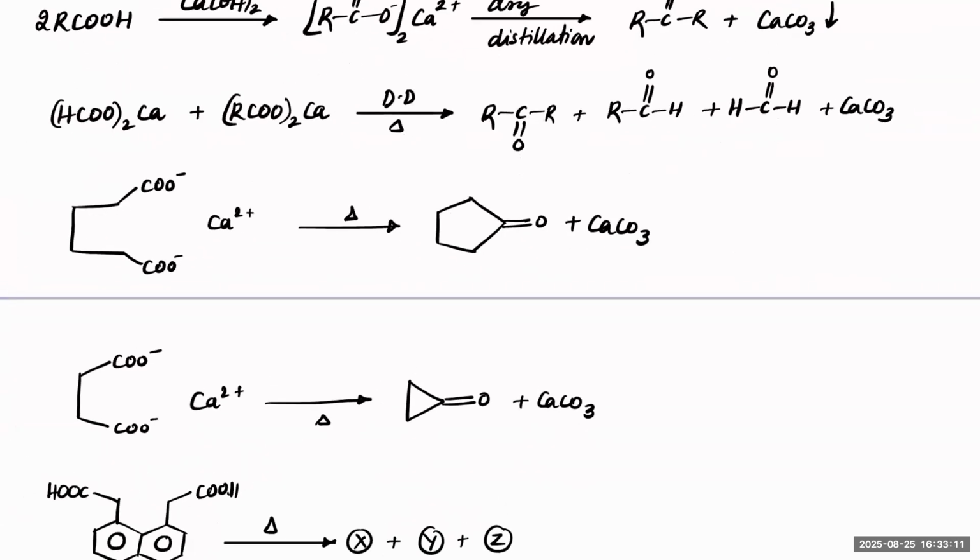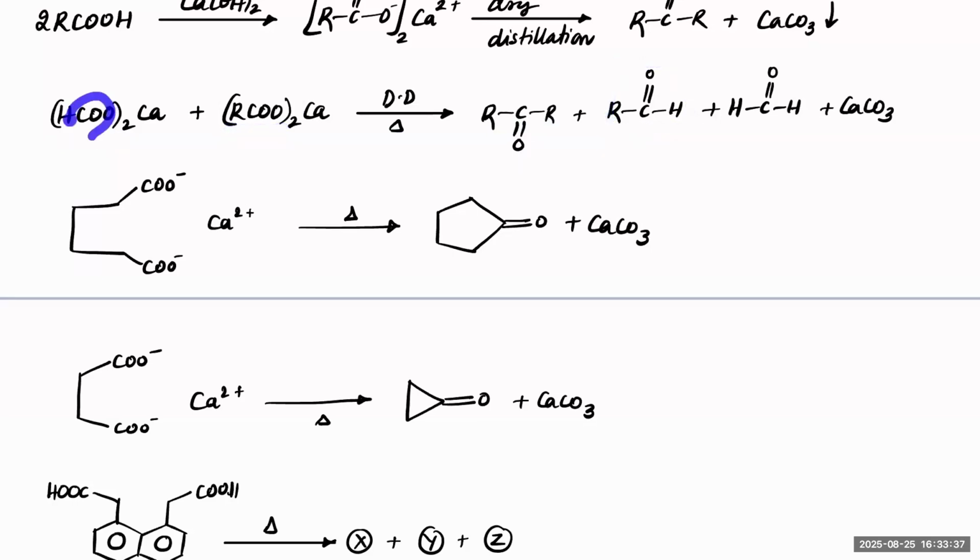Suppose you have two different acid salts, I have a calcium formate also, and I have some calcium carboxylate also. In that case, if we perform dry distillation, first, this will give you self dry distillation, which means you'll get R-C=O-R. This and this will give you a cross dry distillation.